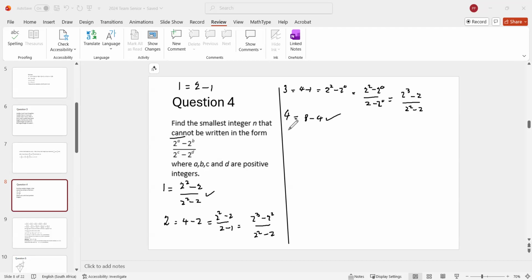If you try 5, you'll find that you can't write this very quickly as something.